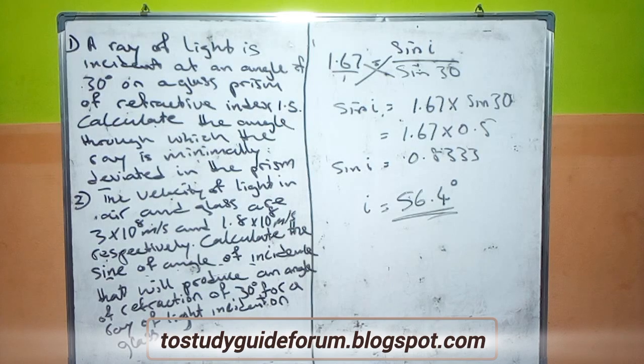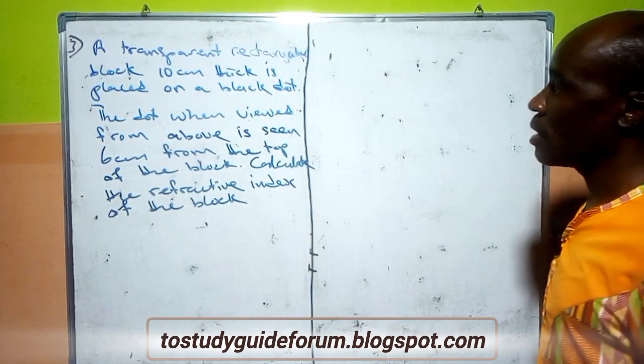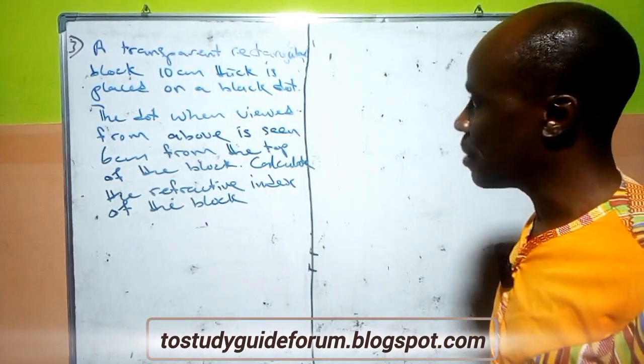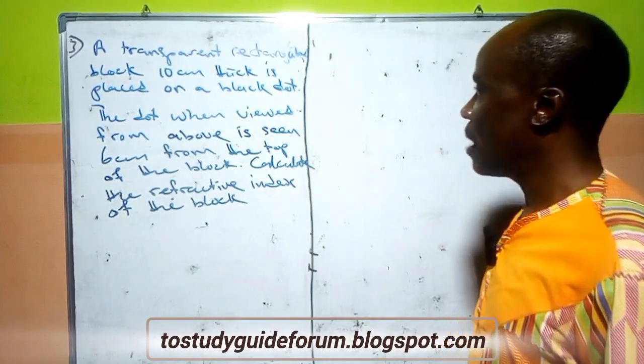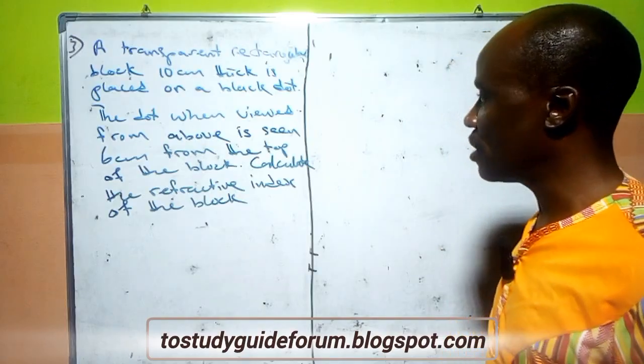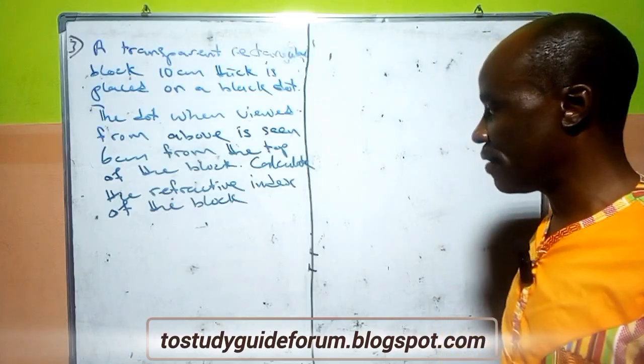We're going to be looking at the next. So let's look at the last question here. A transparent rectangular block 10 cm thick is placed on a black dot. The dot, when viewed from above, is seen 6 cm from the top of the block. Calculate the refractive index.